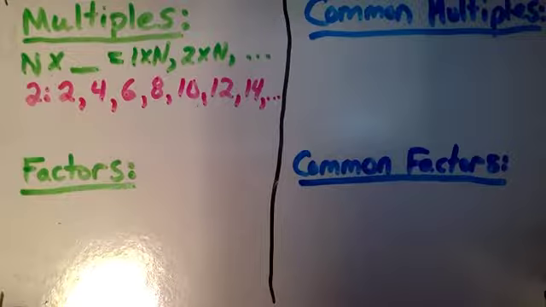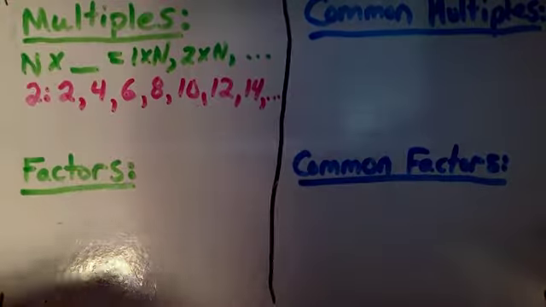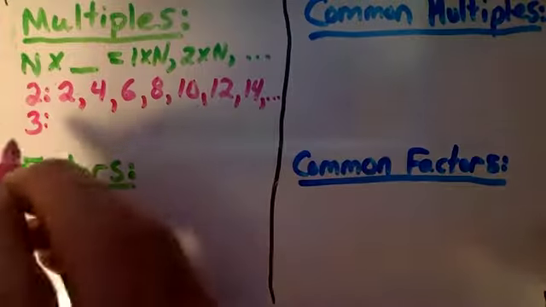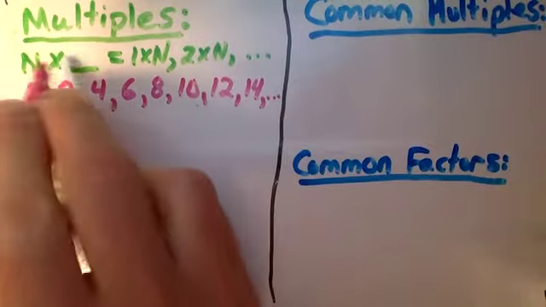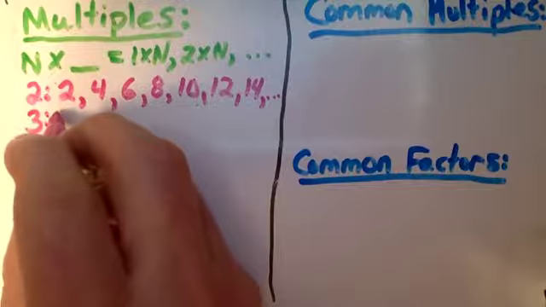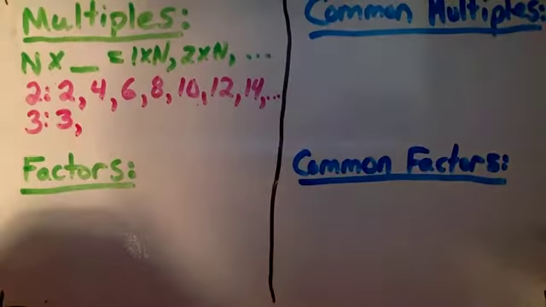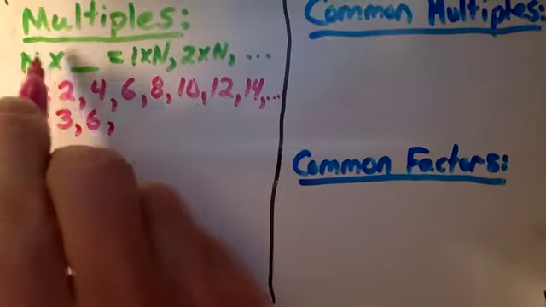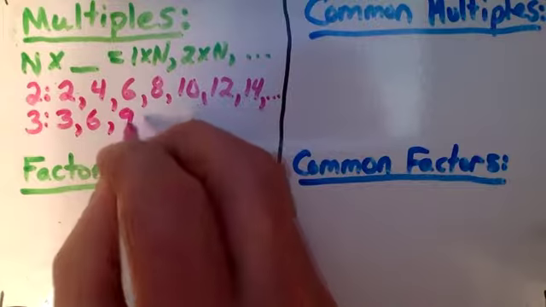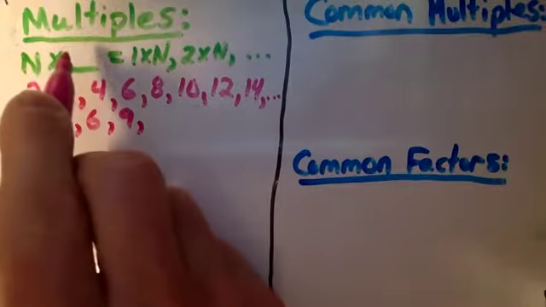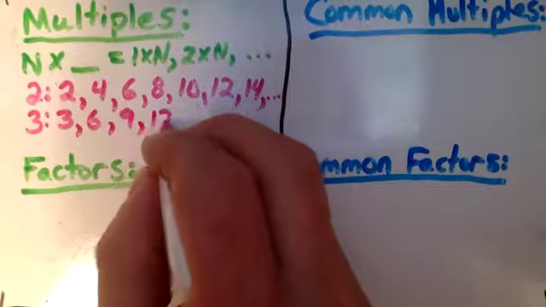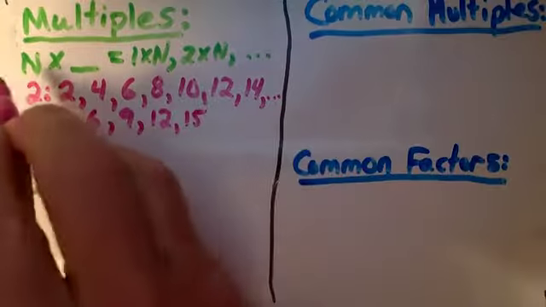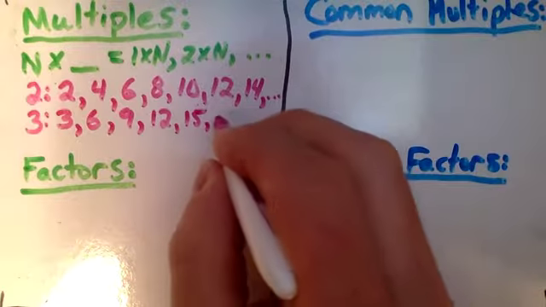Again, let's use another number. So we'll just use the number 3. So 3 times 1 is going to be 3. 3 times 2 is going to be 6. 3 times 3 is 9. 3 times 4 is 12. 3 times 5 is 15. 3 times 6 is 18.